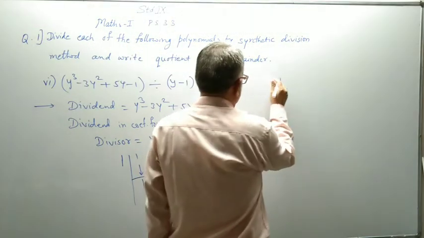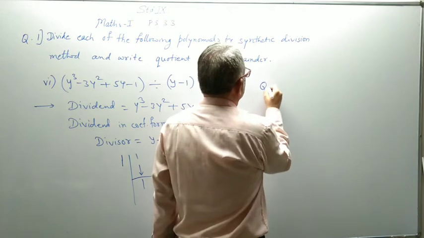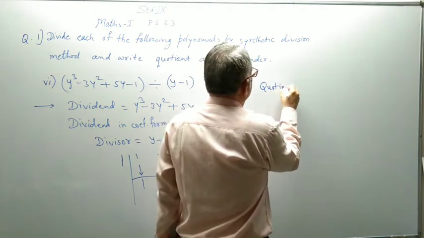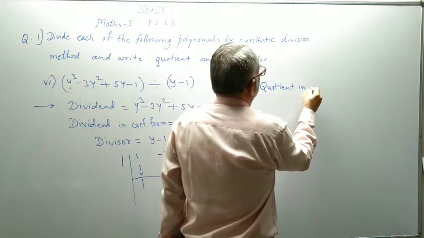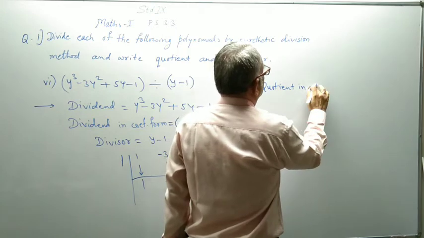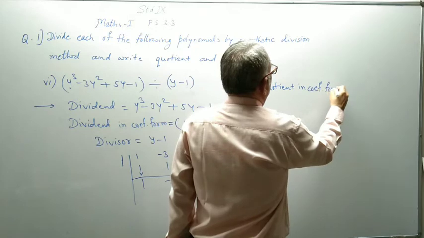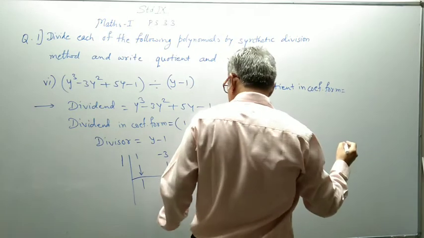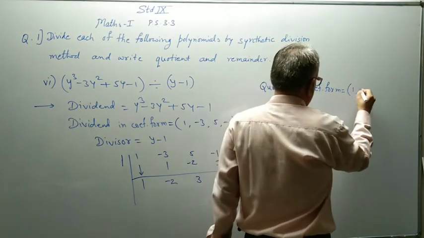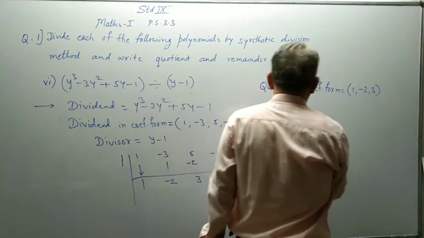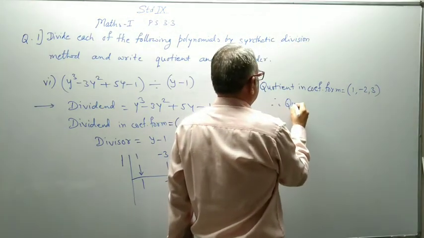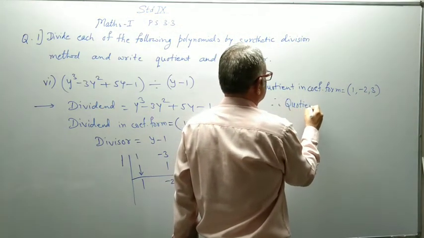So what is the quotient in coefficient form? 1, minus 2, 3. Therefore, the actual quotient we have to write always in index form.